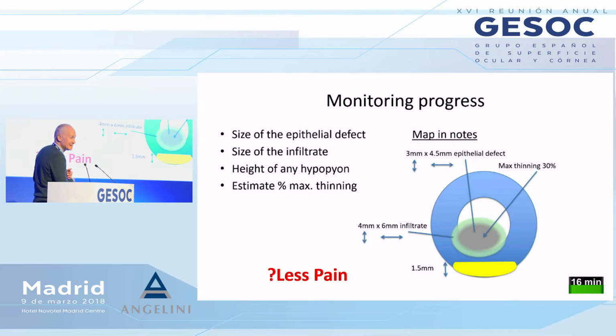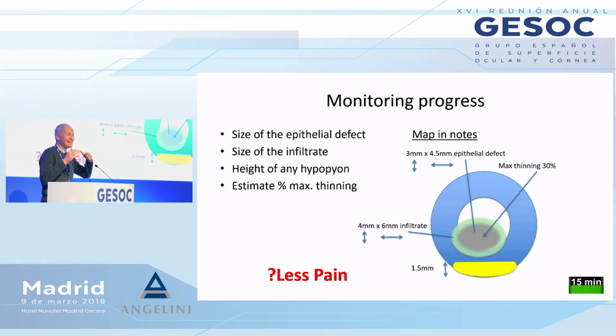But the first sign, the first indication that a patient is getting better, and often these signs are fairly static at 5 days after the presentation, you would worry that you're not really getting anywhere. But early signs of improvement, pain. Number 1, is the patient in less pain? That is a really good clinical sign. Another thing you can look for in a severe infection is the pattern of fibrin in the anterior chamber.